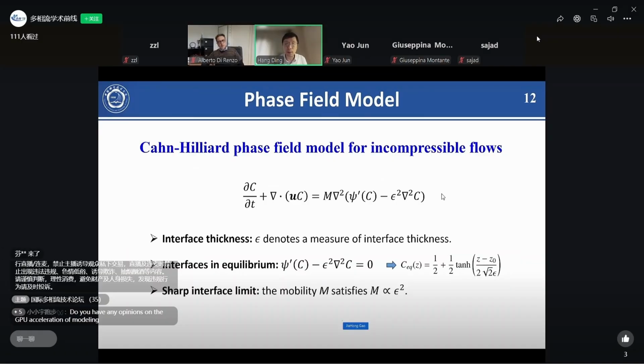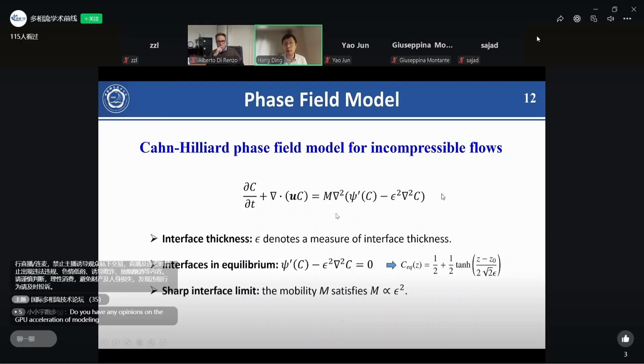For example, the popular phase field model is the Cahn-Hilliard method here. In addition to the advection of this material interface, we have the fourth order diffusion term on the right hand side here. Actually, this fourth order term originates from the gradient theory of interface from the macroscopic state, also based on thermodynamic theories.